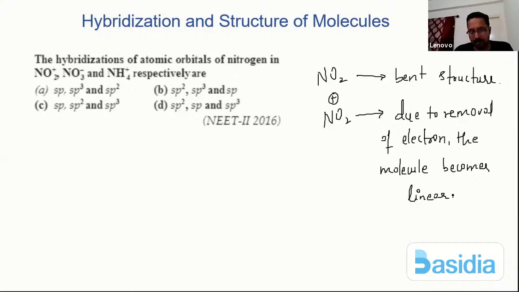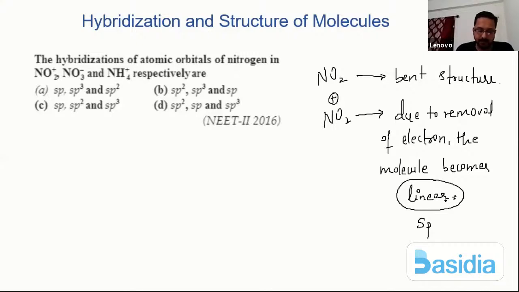The molecule has become linear, and the hybridization. So we understand what is the geometry, I mean, this particular geometry hybridization. So it is going to be what here? It is going to be sp hybridization. Okay, so please make a note of it. It is sp hybridization.